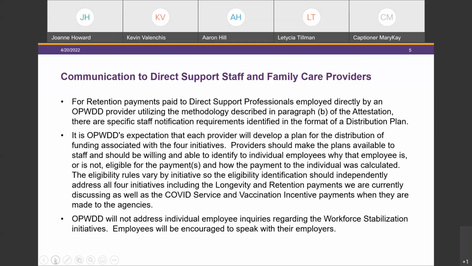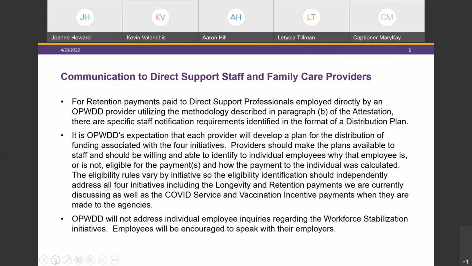If you remember the attestation, it identifies two ways that the retention payments can be distributed. It can be the formula as dictated by OPWDD, and that is A, or there is the methodology that gives more discretion to the provider, that is B. If the provider chooses B, then that provider must adhere to the notification requirements that are stipulated in the distribution plan.